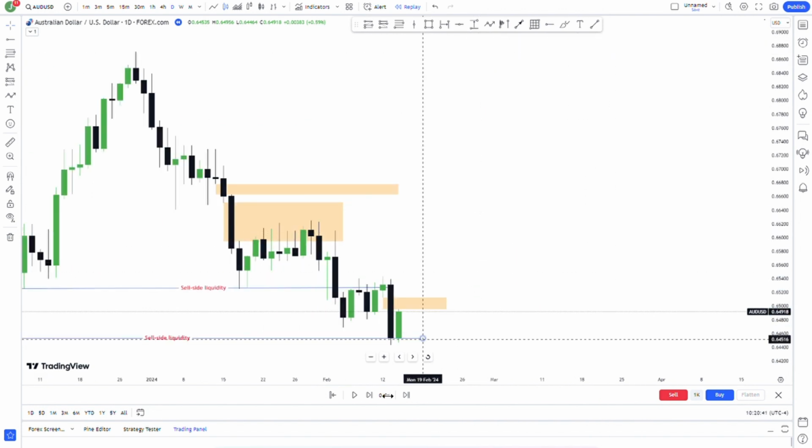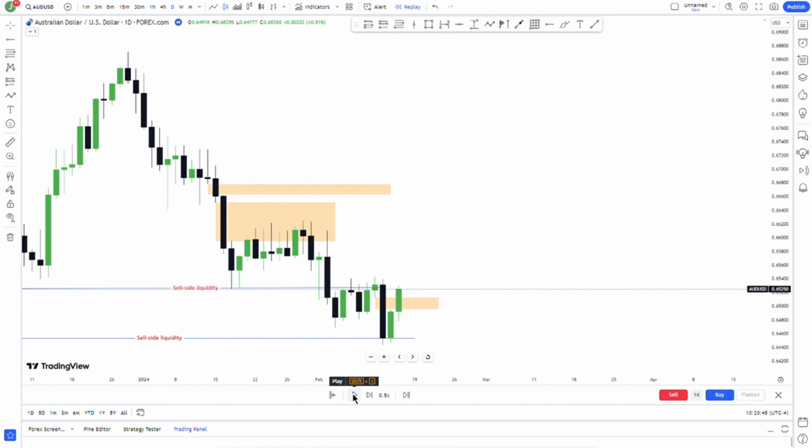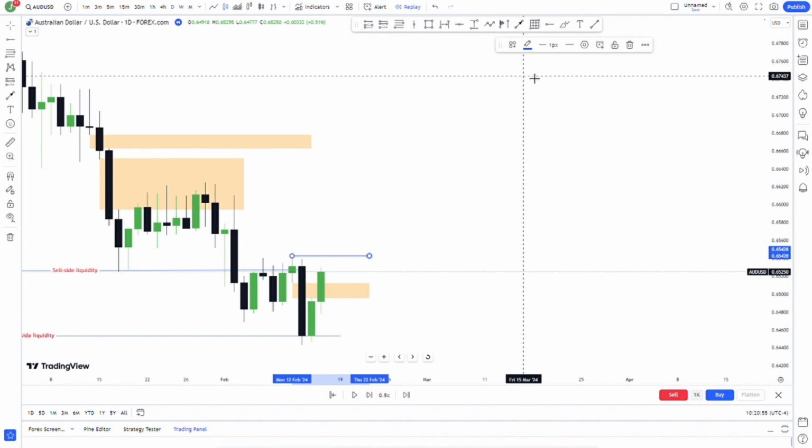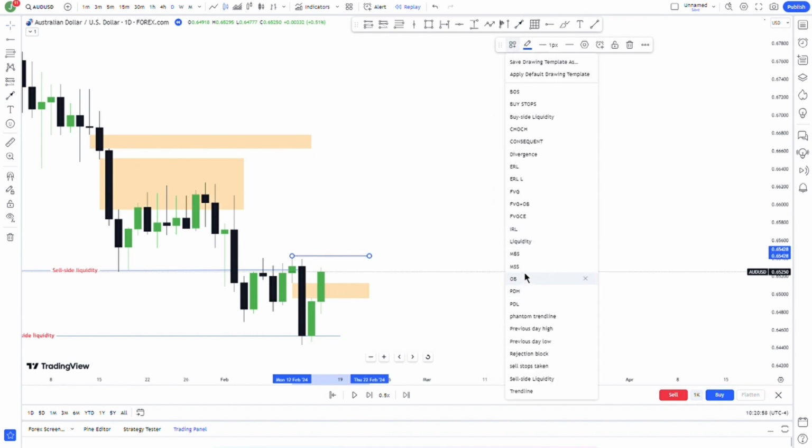If we let it play on, the market traded through the fair value gap. So what we anticipate now is that the market would give us a market structure shift over here.